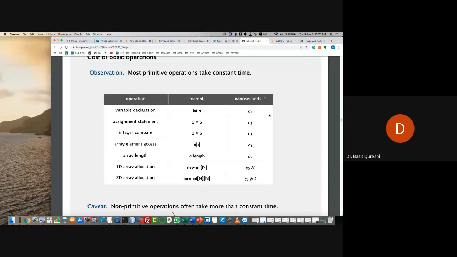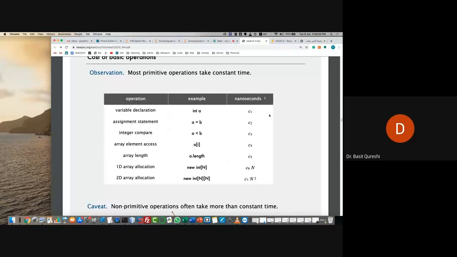Assignment, comparison, declaring an array element, accessing an array element, fetching the size of an array: all of these are primitive operations or constant times. But repeatedly doing a constant time n number of times could be different.